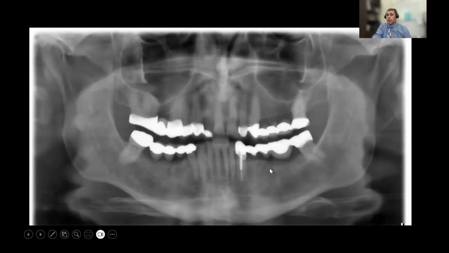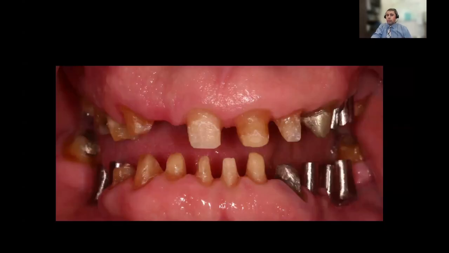These implants, because of the amount of bone loss that he has had over time, were only about 4 millimeters in width. They were long implants, 9 to 11 millimeters. So we placed 3 implants for the mandibular left segment, 2 implants in the mandibular right segment, and 3 implants in the maxillary left with the sinus, and then decided to splint those together.